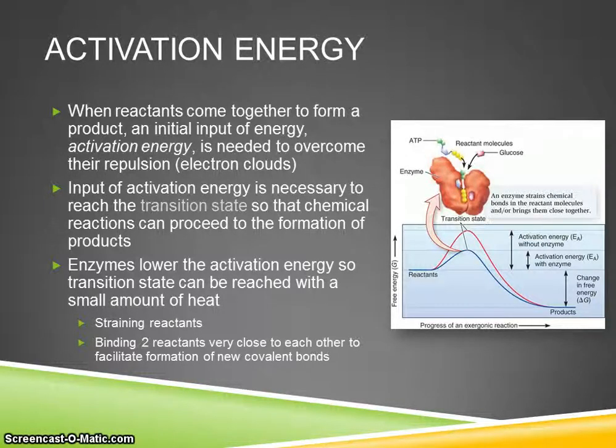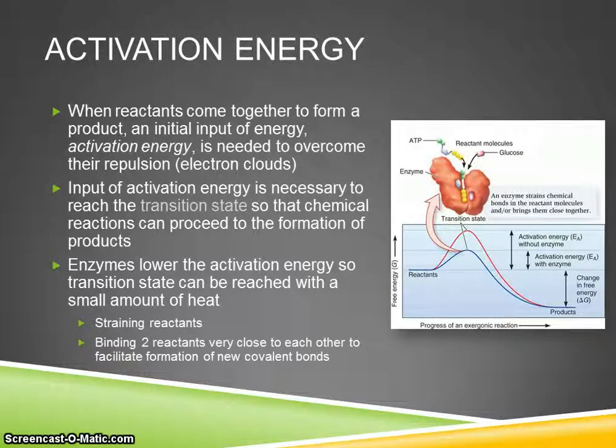So once the reactants have reached the transition state, the chemical reaction can readily proceed to the formation of products. So ultimately, the activation energy needed to achieve the transition state is a barrier to the formation of products.